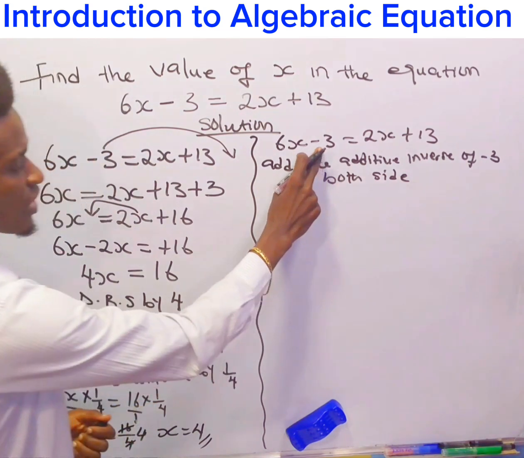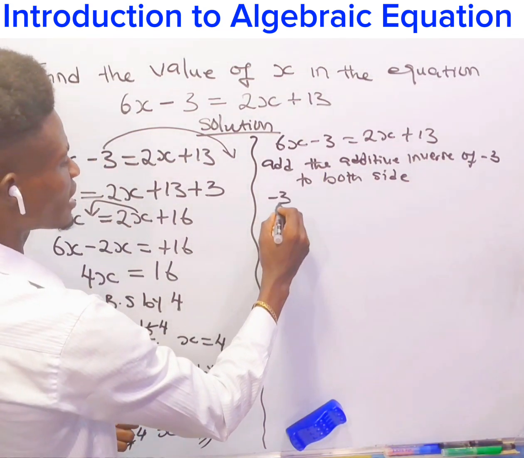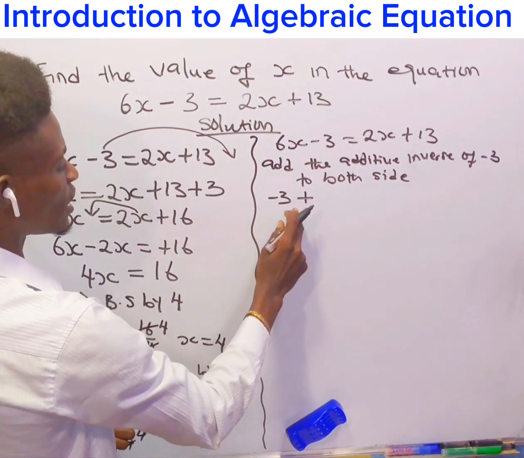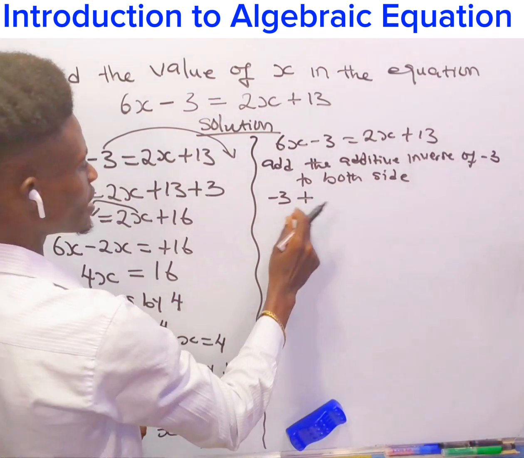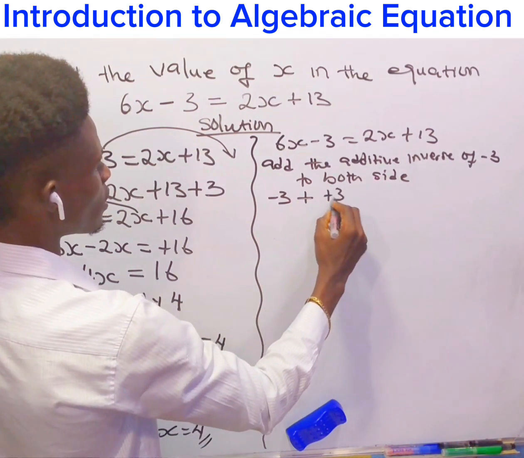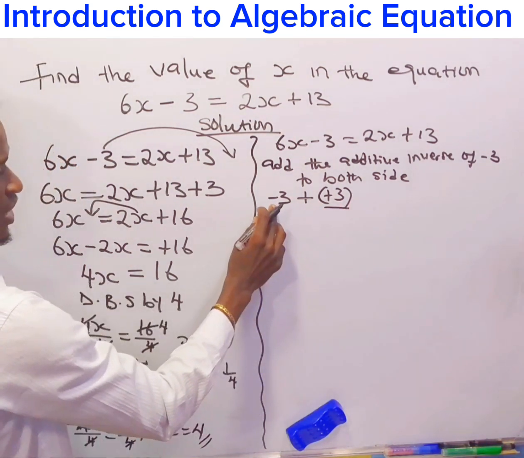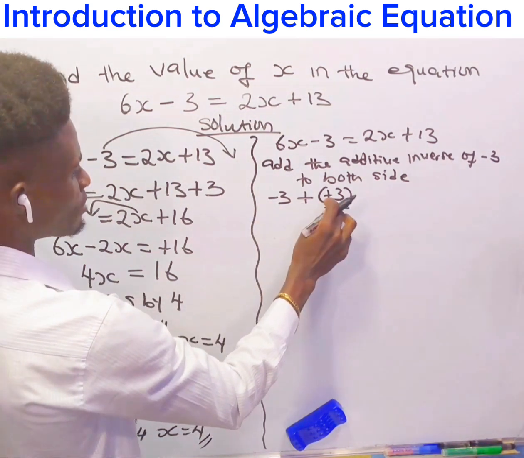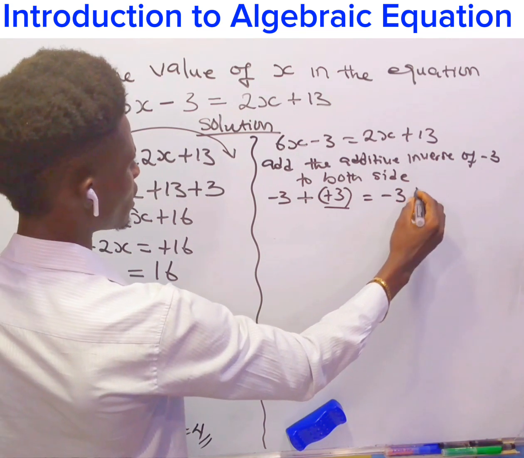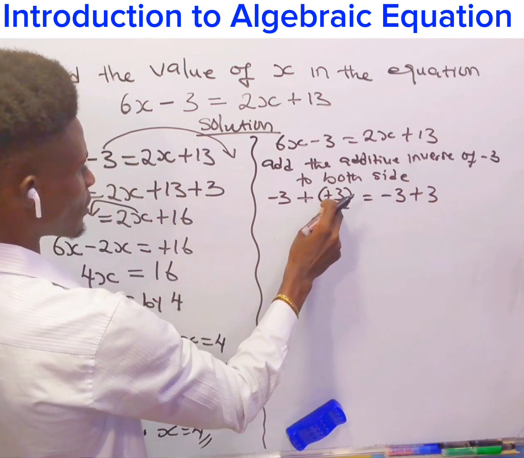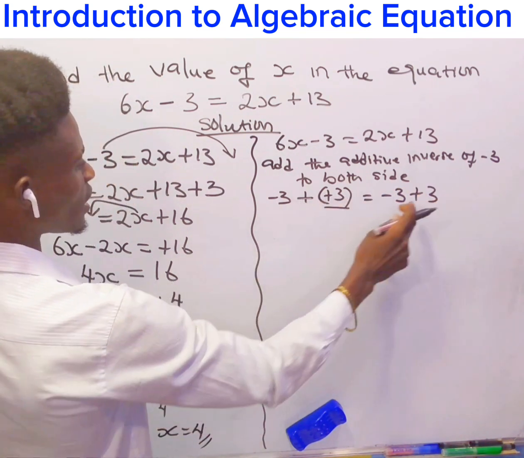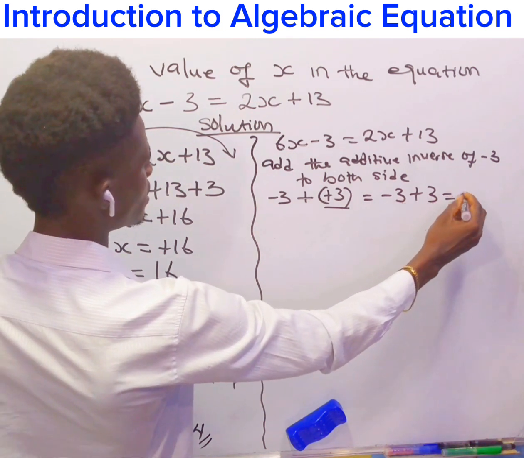Now, what is the additive inverse of negative 3? It is what do we add to negative 3 so that it will become 0? It is negative 3 plus positive 3, which means positive 3 is the additive inverse of negative 3. Negative 3 plus positive 3 is 0.